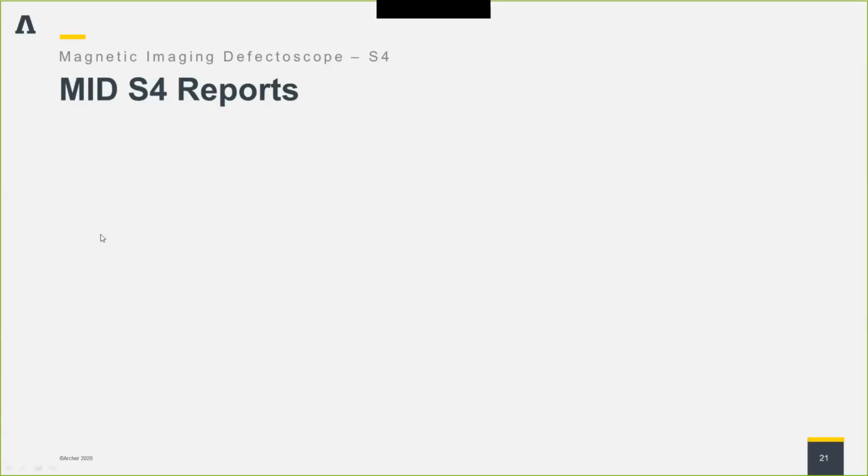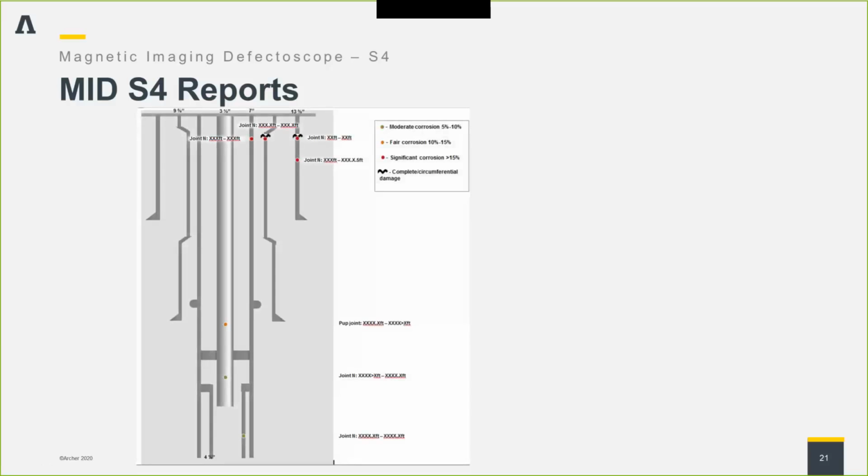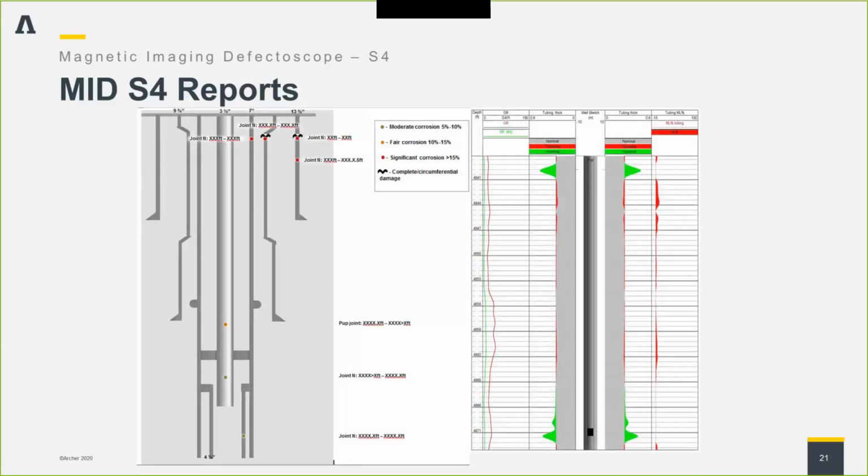And for the detailed reports, we come in with the overview views. We have a schematic with the well barrier presented on there, and then we mark on there areas where there is anything of interest that's shown up in the interpretation.